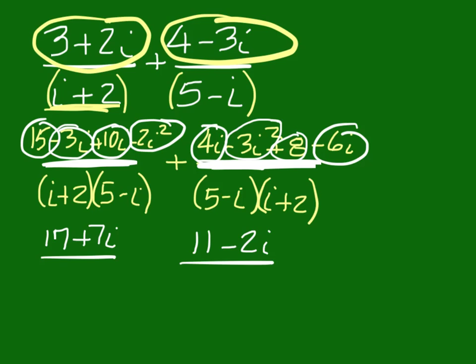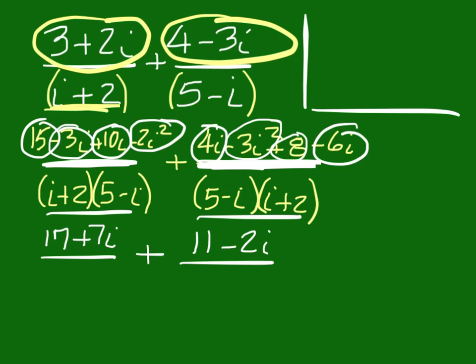Now we still need our denominator. So we know that it's going to be this times this, and of course it's just reversed over here. We only have to do it once and then write it down. So I'll use this area up here as the scratch area. When I multiply these two together, I get a 5i, and then a plus i squared, and then plus 10, and then minus 2i.